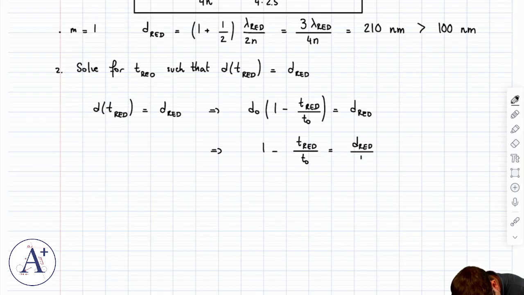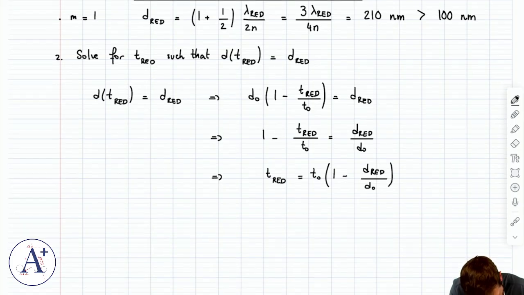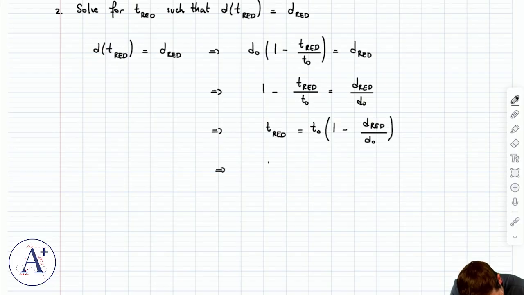d red over d0, and that's going to be, if you flip this around, t red over t0 is 1 minus d red over d0, and then if I just multiply both sides by t0, I get t red is going to be equal to t0, which is 100, times 1 minus 70 nanometers divided by 100 nanometers.